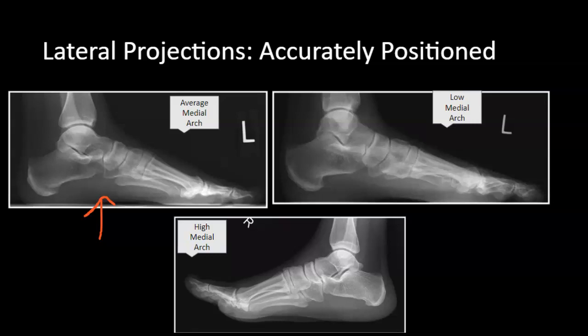When a patient has a lower medial arch, you will see that there's more or increased superimposition of the tarsals and metatarsals, but as the arch gets higher, you will see that the superimposition of the distal tarsals and metatarsals lessens.